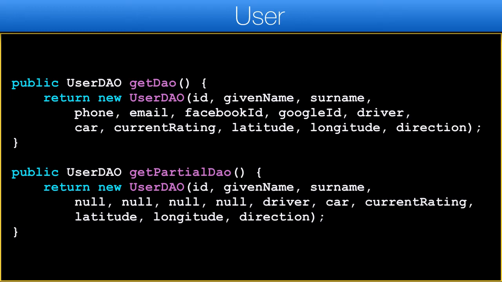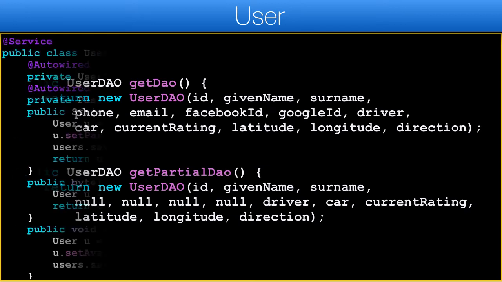We create the user DAO instances in the server by asking the user object. Notice we have two versions of the method, one of which includes some private information and is useful internally. The other is the one we need to ask for when dealing with client requests.